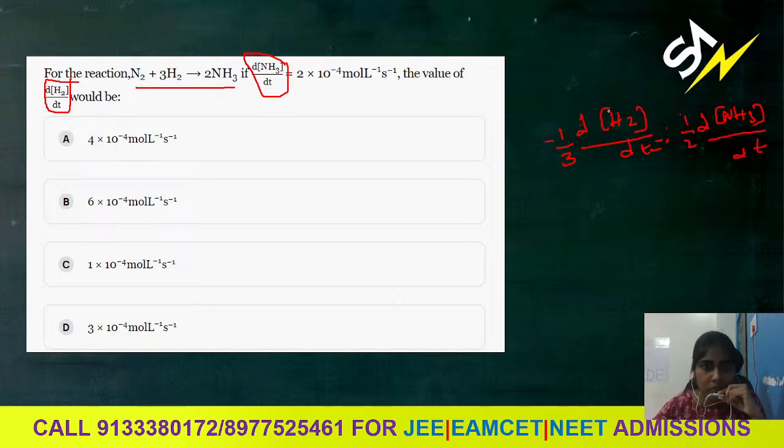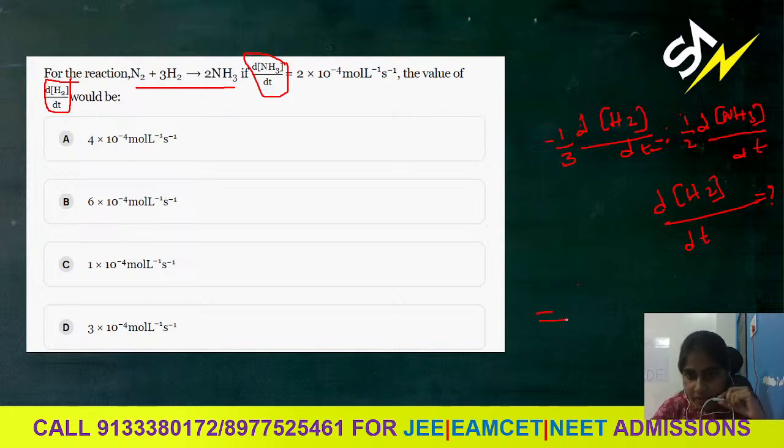So we need to find the value of d[H2]/dt. So what will be this? So let's see, apply it. If we put this value in this way, this 2 will be cancelled. This will be 10 to the power of minus 4 liter inverse second inverse.